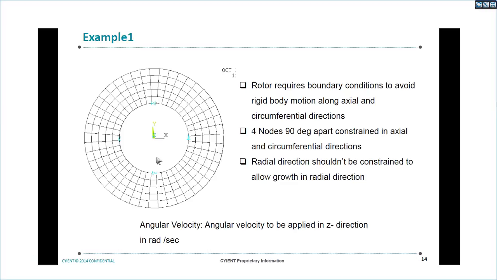These nodes are constrained in the axial as well as circumferential direction. We should not arrest in the radial direction, because we should allow this to grow radially free.